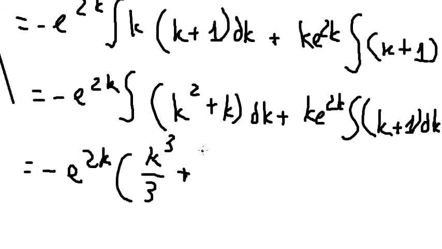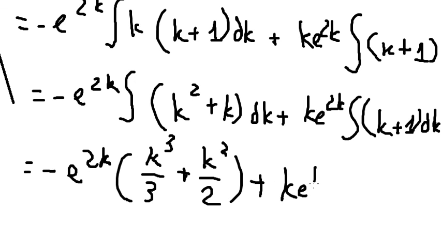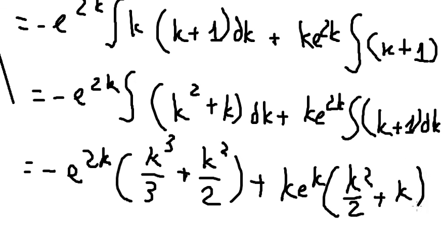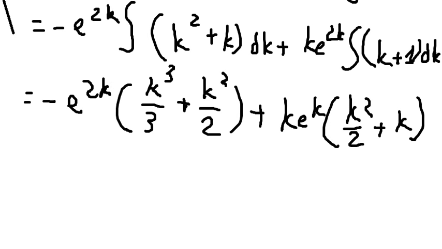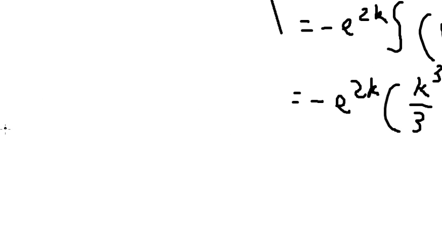This one we have k squared over 2. This one we have k squared over 2. This one we have k. And now we have the final answer.